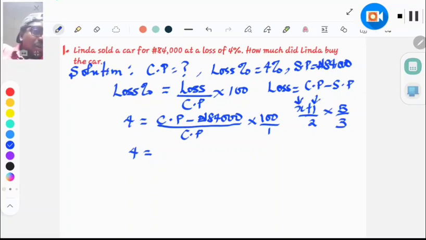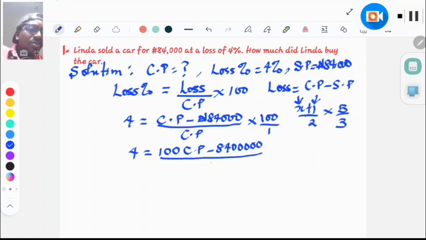So 100 is going to multiply CP, the cost price, and we get 100 CP minus 100 multiplying 84,000, which is 8,400,000, that's 3 zeros and 2 more zeros, all over CP.